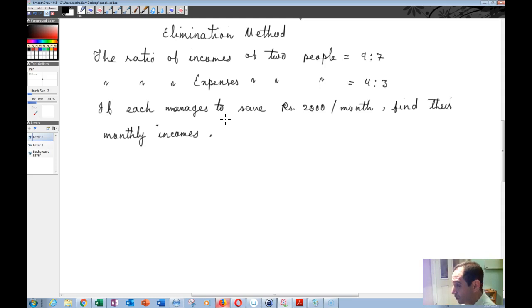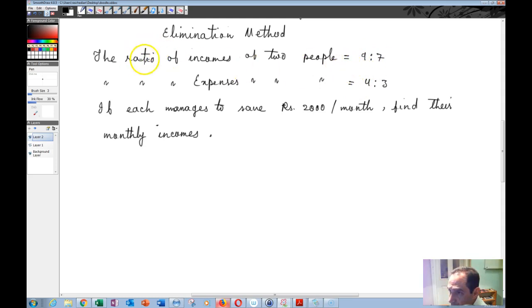Let me see how we can solve this problem. In order to solve this, you need two linear equations, and to form those equations, you need to understand the meaning of ratios.